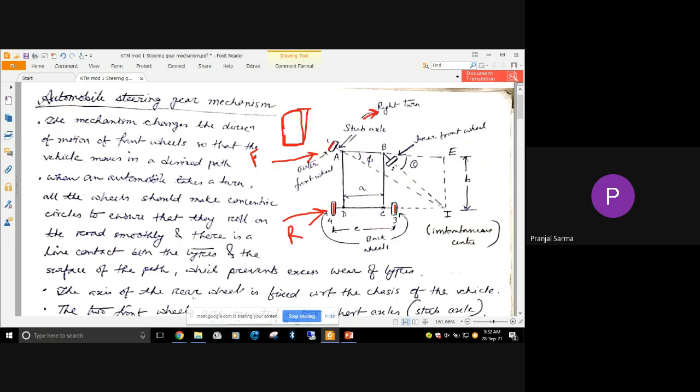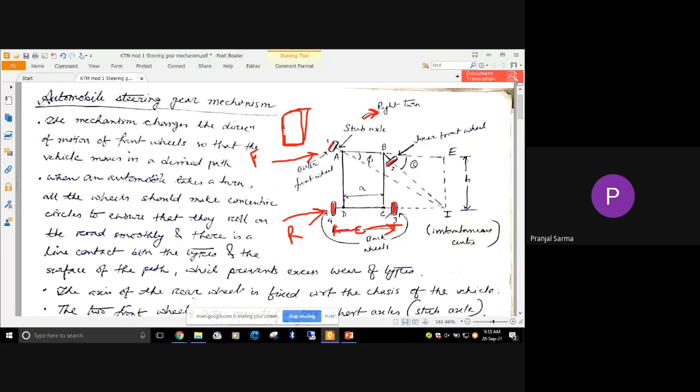So this is one wheel, and this is another. Now the vehicle occupies a certain space, and one wheel will be here, another wheel is here, generally mounted on the axle.